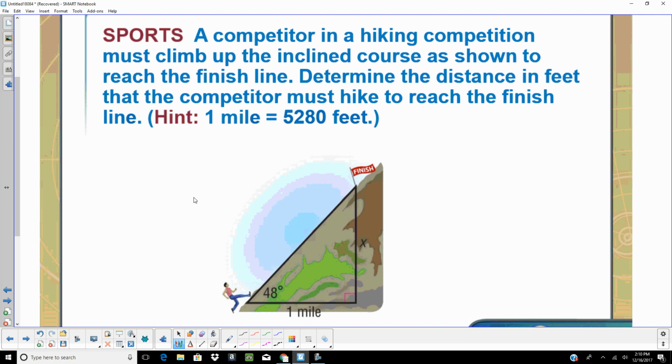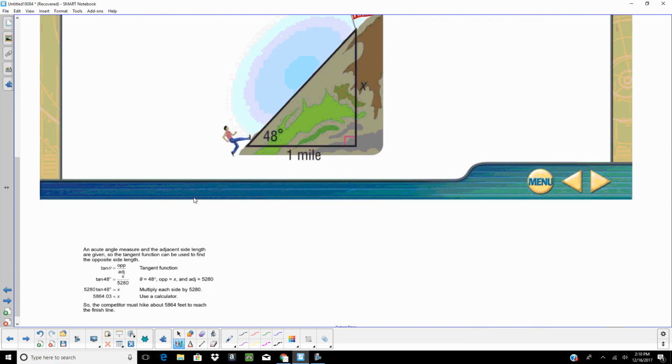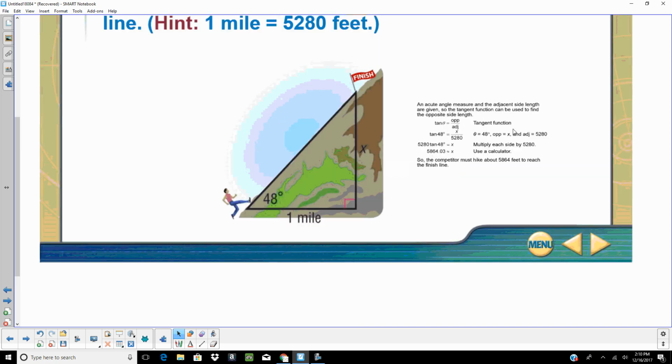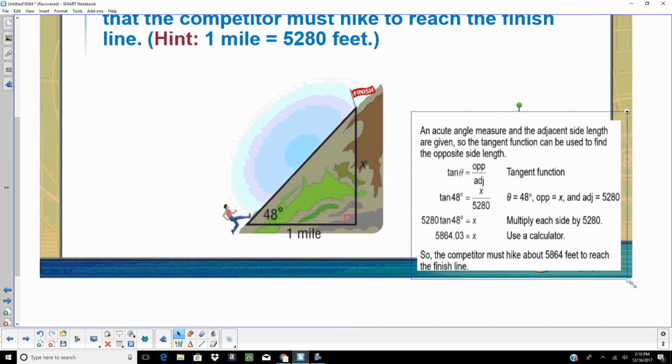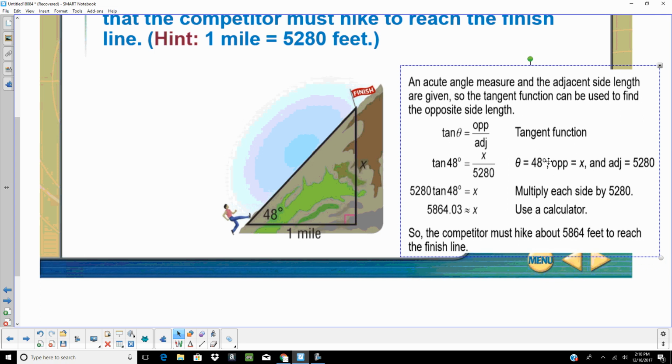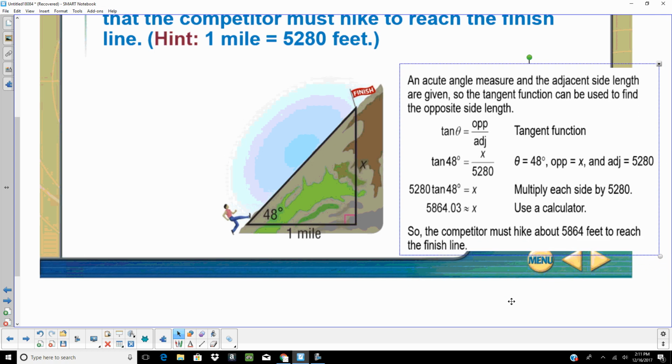So they give us one of the dimensions. They give us an angle, and we are looking for the distance in feet that the competitor must hike. So they set the picture up for us. Let's go ahead and enlarge that so we can take a better look at it. So we know that the tangent is opposite over adjacent, and that's what they're giving us.